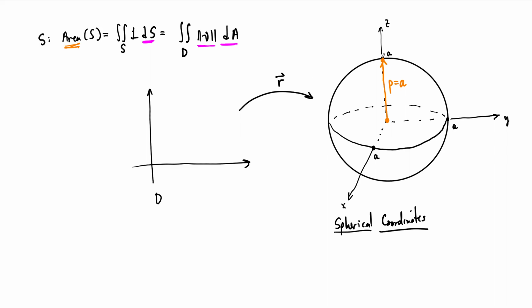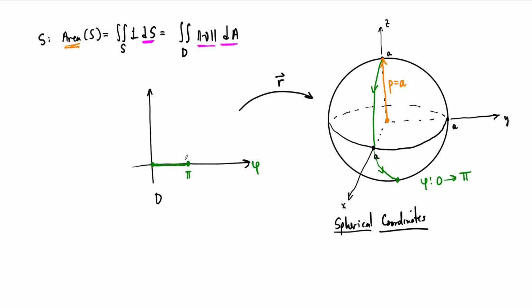Once we are out at this point, now we need to somehow build the sphere. The way we do this in spherical coordinates is from here, we rotate in this direction, down from the positive z-axis, and we get that our phi varies from 0 to pi. So there's our first parameter. Over here in our domain space, I'm going to write phi, and phi is going to vary from 0 to pi.